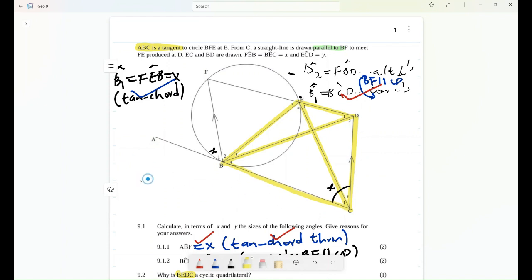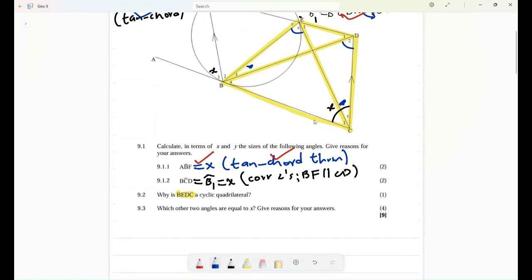But you can, but I opted against it. So I know if that's the case, this angle here is going to be equal to this angle here, or this angle here is going to be equal to this angle here. So if we can find a way of proving that, or rather, we should give a reason why BECD is a cyclic quad.